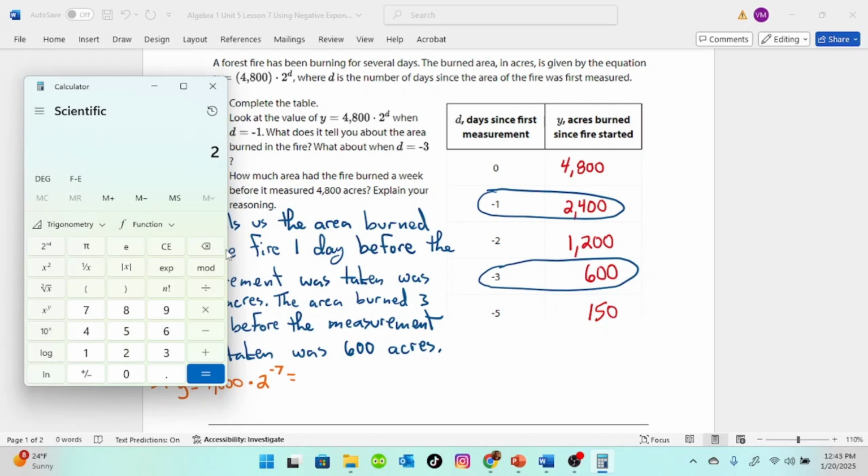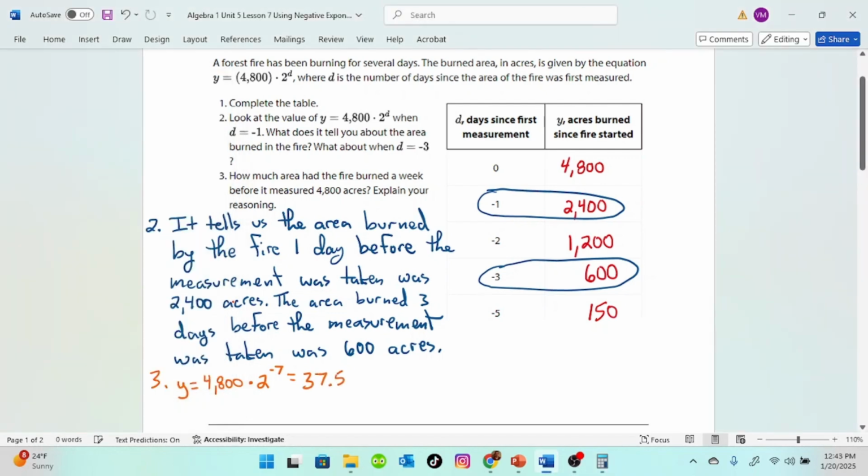We have 2 to the -7 power times 4,800, and we get 37.5.